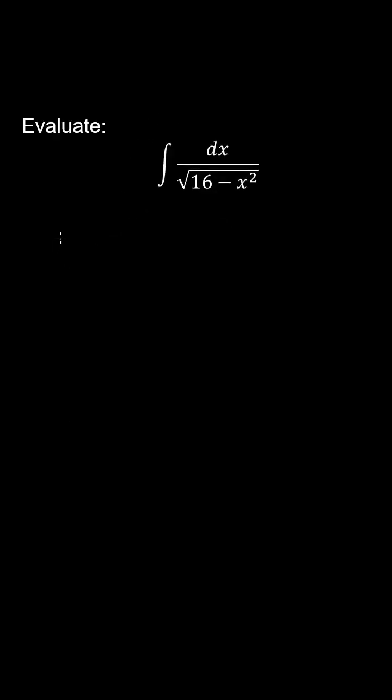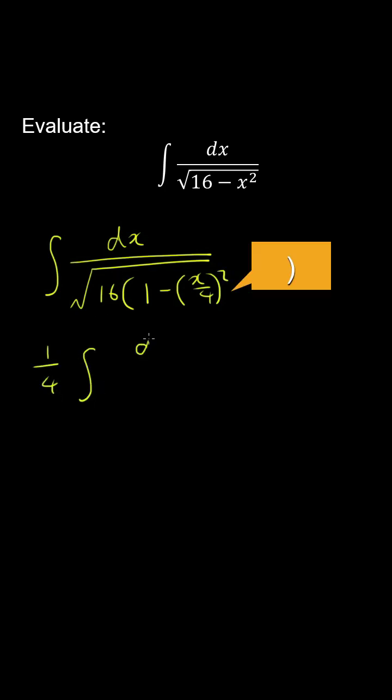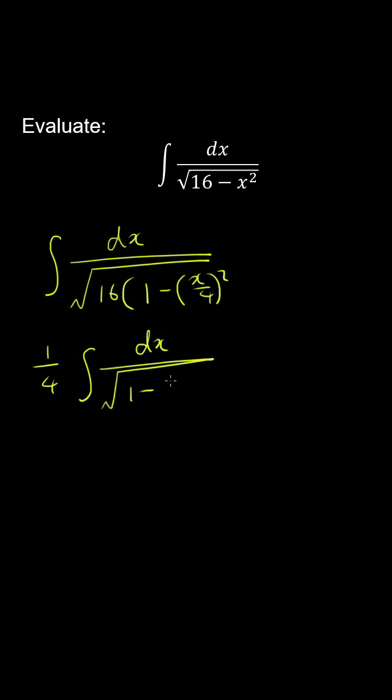Let's evaluate this integral. So we can write this as the integral with respect to x, and in the denominator we can factor out 16, so we have 1 minus x on 4 squared. And therefore we have 1/4 by the integral with respect to x on the square root of 1 minus x on 4 squared.